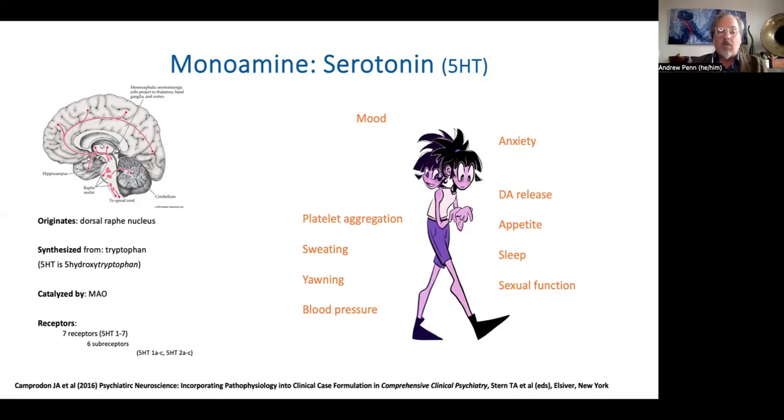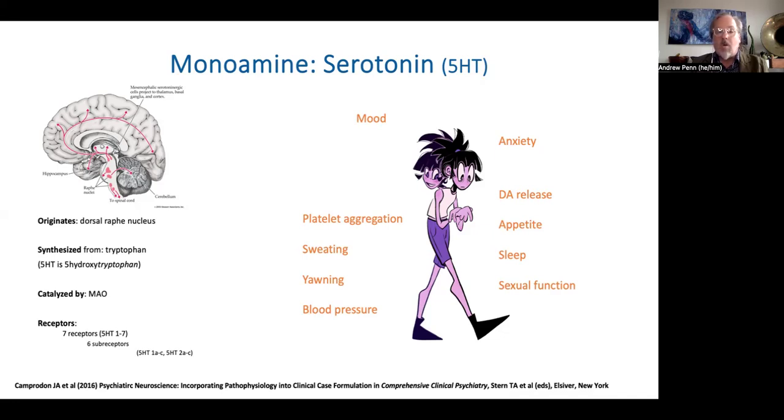But there are also these peripheral functions of serotonin. You've probably heard that much of the serotonin activity in our bodies actually is in our guts, not our central nervous system. So we definitely see some regulation of, say, gut transit time with serotonin, which may be why some people get diarrhea when they have more available serotonin from, say, an SSRI.